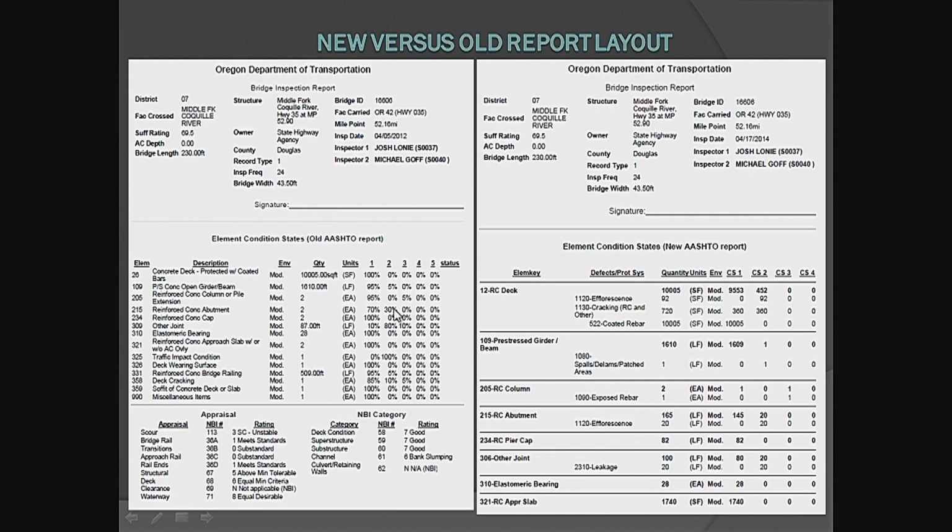These numbers from the condition states, the inspectors will use those, and they will say, okay, overall, let's say I had a little bit of cracking in one of my girders. They're going to come back and they're going to say, how does that apply towards my whole superstructure?